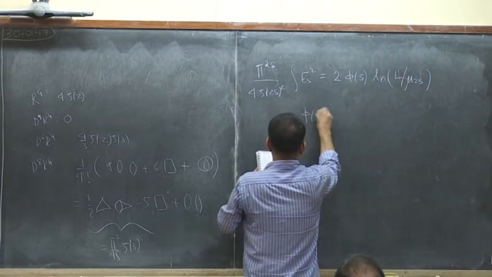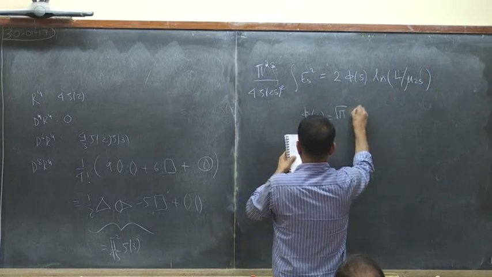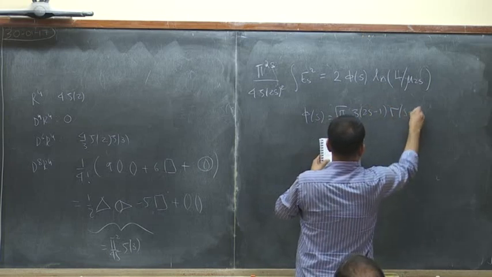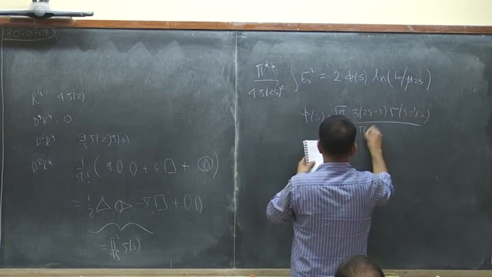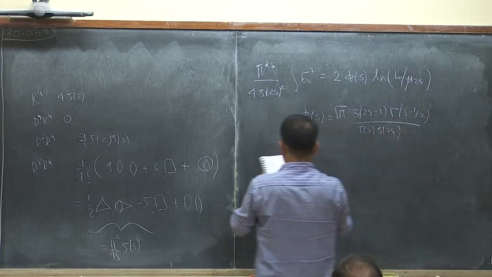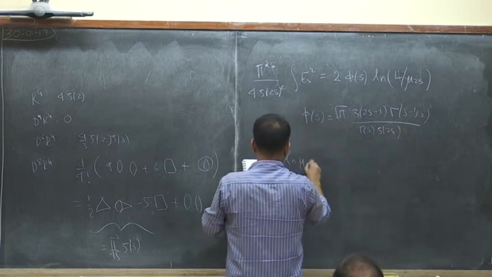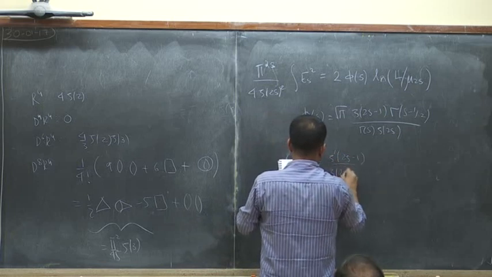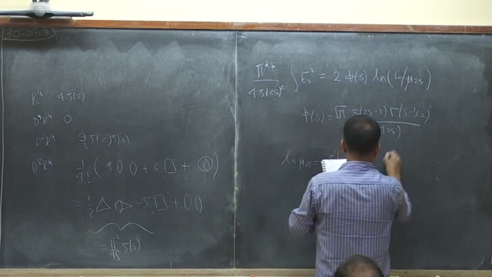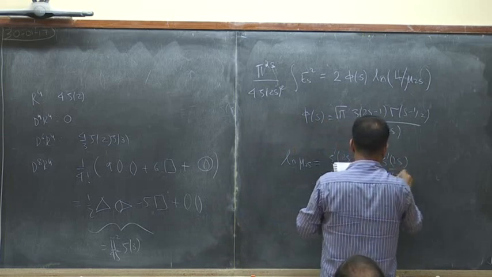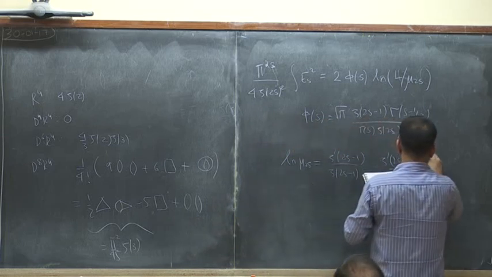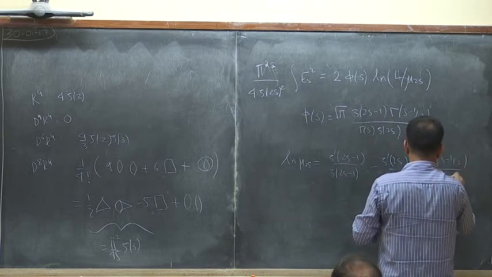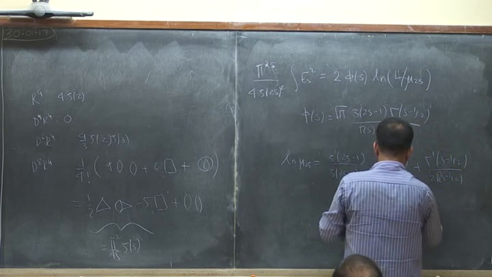And by s is some complex expression: zeta prime s minus 1 by zeta s, 1 minus zeta prime 2s by zeta 2s, plus gamma prime s minus half by gamma s, minus half gamma prime s.